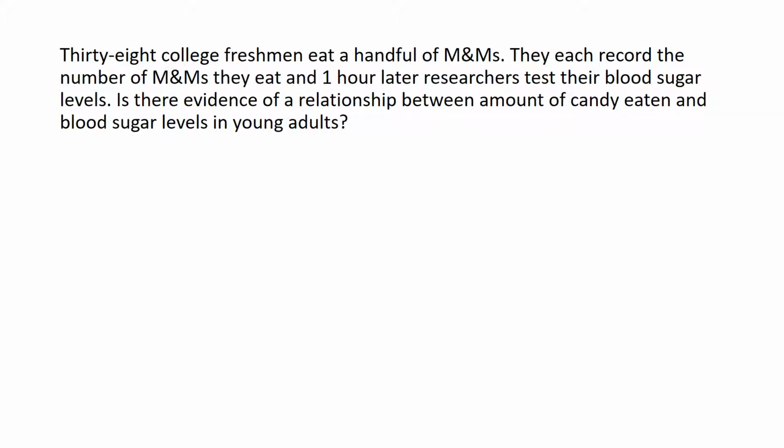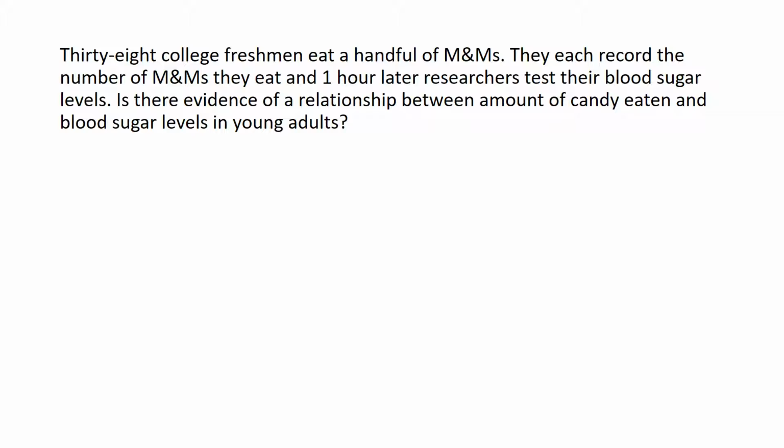38 college freshmen eat a handful of M&Ms. They each record the number of M&Ms they eat, and 1 hour later, researchers test their blood sugar levels. Is there evidence of a relationship between amount of candy eaten and blood sugar levels in young adults?